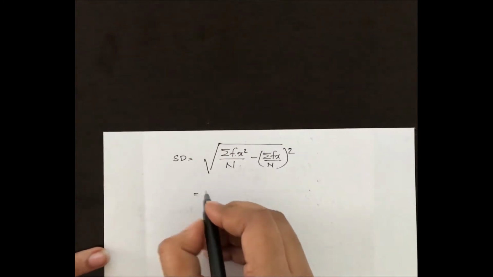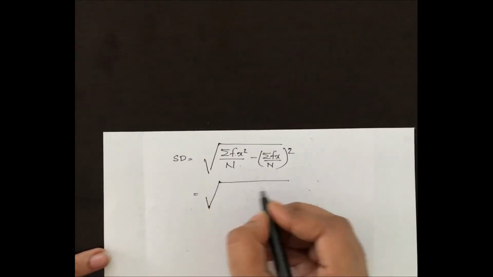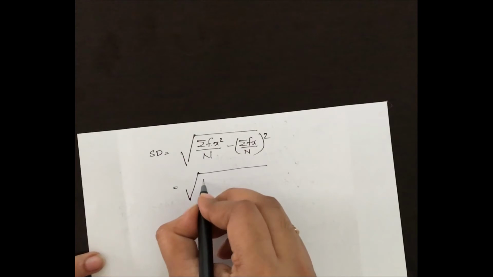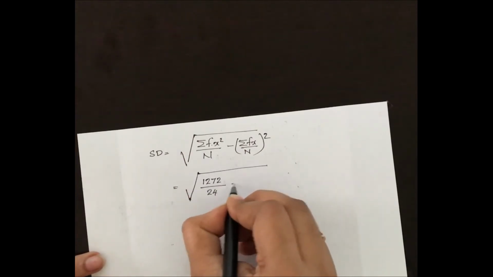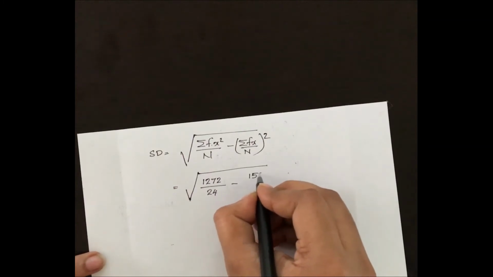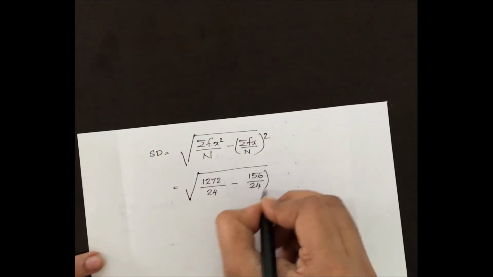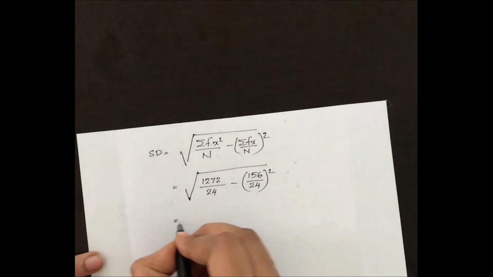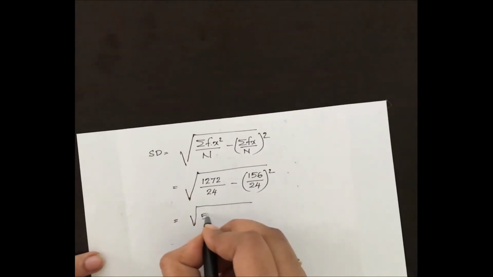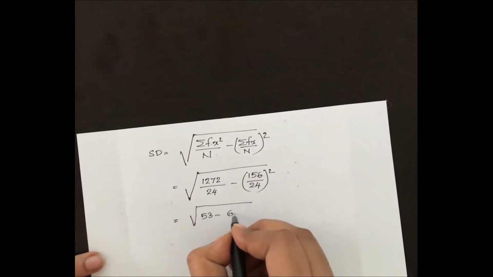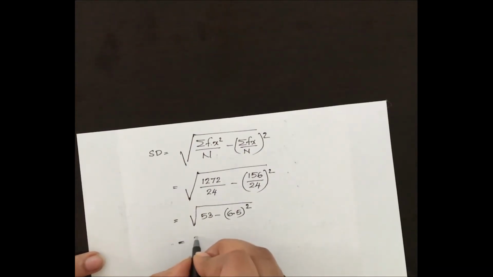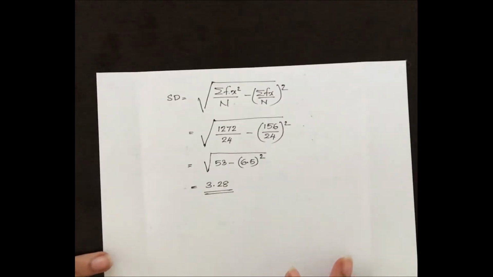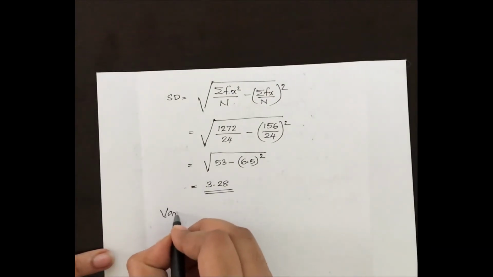By substituting it, root of summation f into x square was 1272 divided by n is 24 minus 156 divided by 24 the whole square, which is equal to root of 53 minus 6.5 the whole square. By solving it, we will get standard deviation as 3.28.